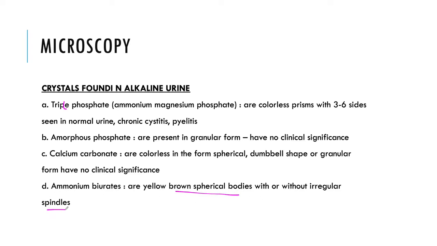So these are the crystals that can be present especially in alkaline urine: triple phosphate, amorphous phosphate, calcium carbonate and ammonium biurates. Now the different kinds of mucus threads we can see are normally absent, and abnormally they can be present in UTI, urinary tract infection.